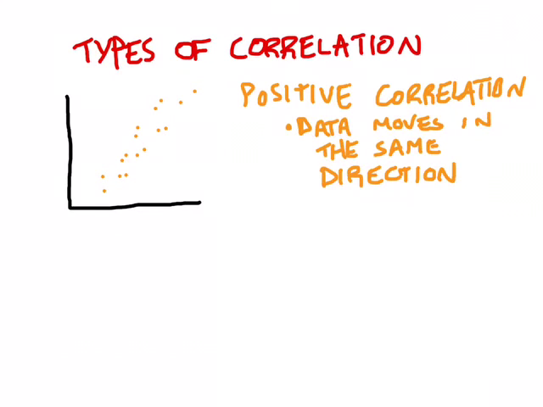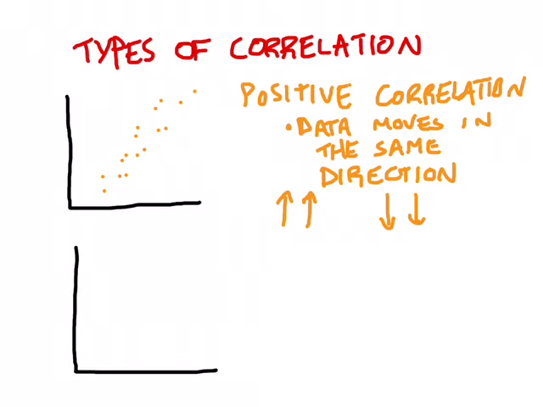It can be scattered to some degree, but the idea is that it's moving in the same direction. You've got one going up and the other going up, or you've got one going down and the other's also going down. So it's an indication that, for example, in the height-age scatter plot, height and age are positively correlated. They both go up together, they both go down together.